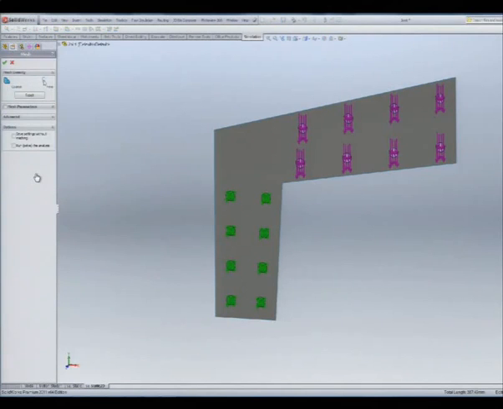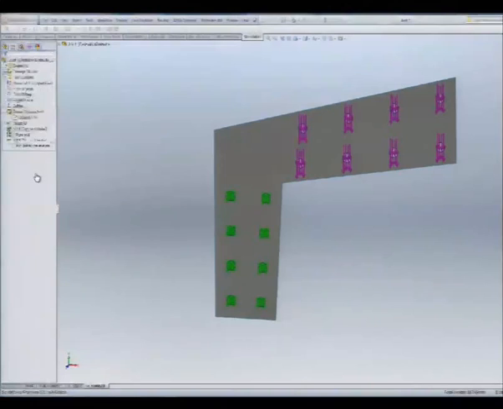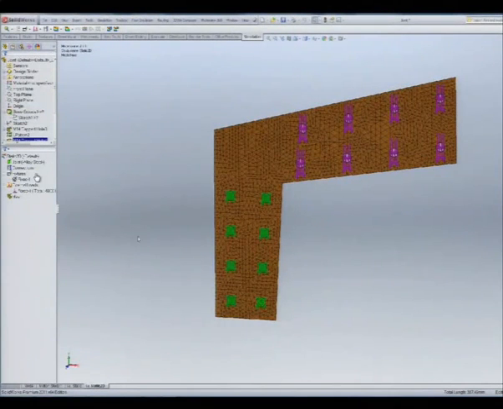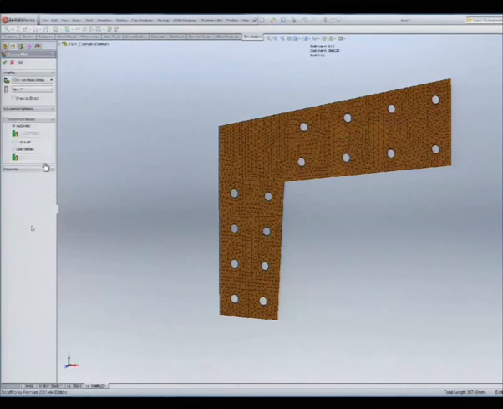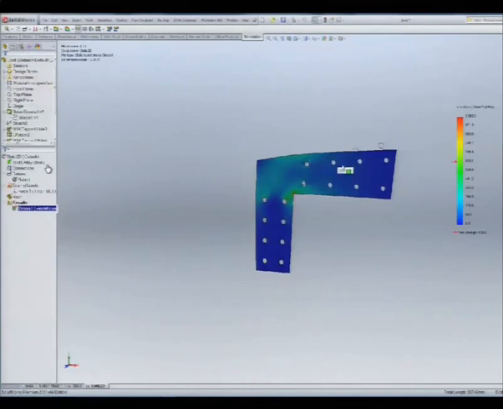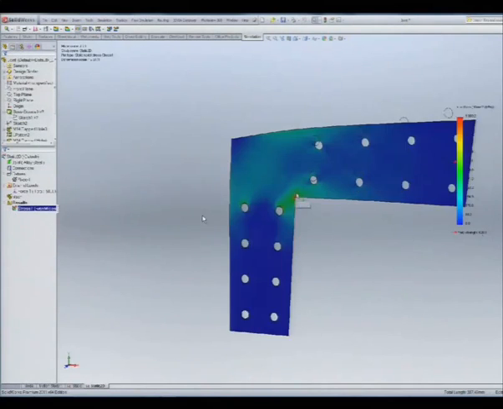The mesh is the same. I have the bar that tells me what the refinement is, and I ran the analysis. Of course, what did I get from the analysis? Stresses. I'm interested in stresses.